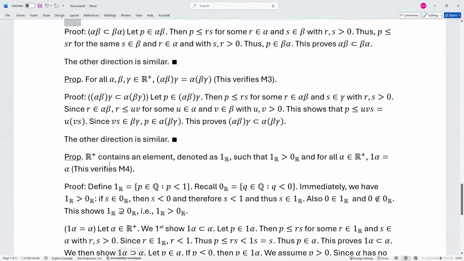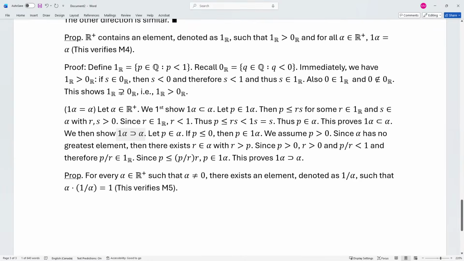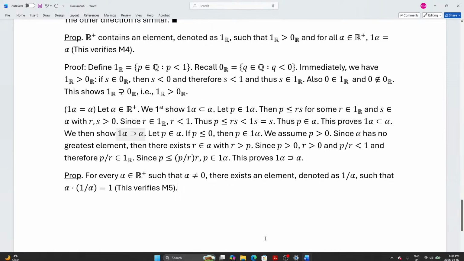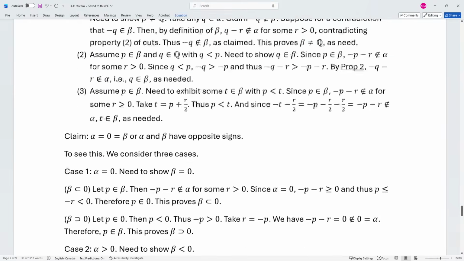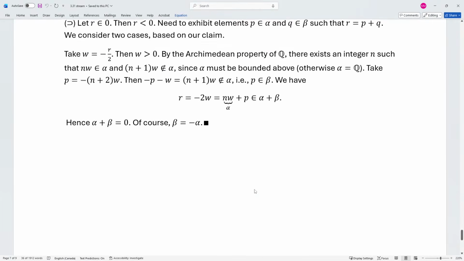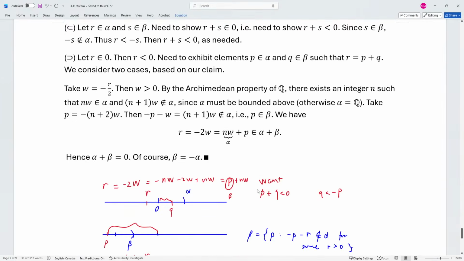Okay, the last proposition says, oh well, we have this inverse. Okay, how do we prove the reciprocal exists? Well, first we need to define the reciprocal. How do we define the reciprocal? If we go back to how we defined our additive inverse, this was how it was done.